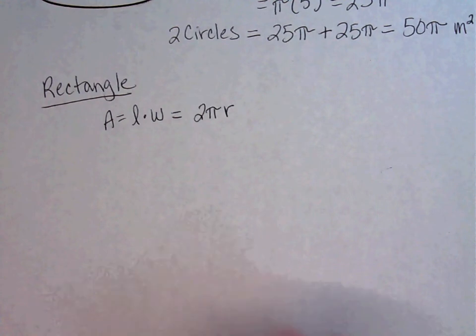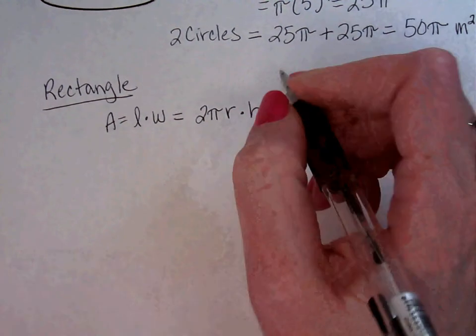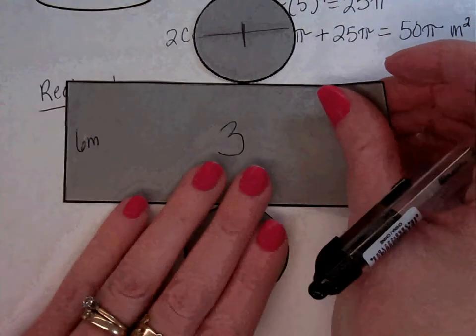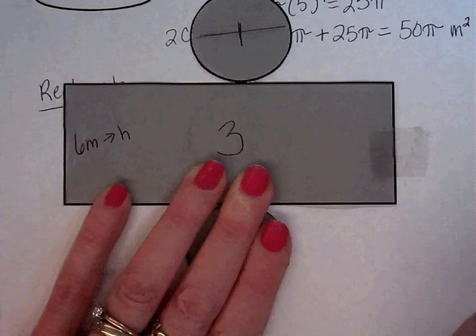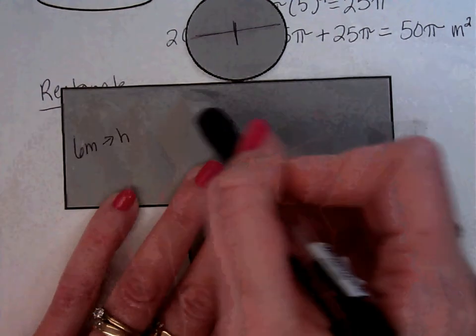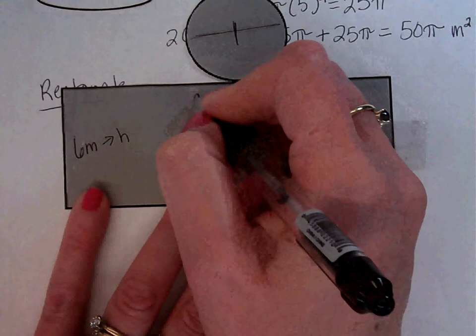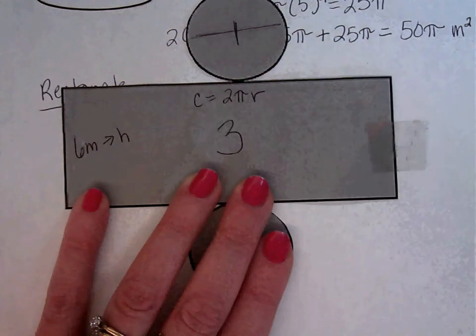Well, width, in this case, is the height of our cylinder. So let's go back to our picture once again. This 6 was the height. This distance along the length, the outer edge, is circumference, which is 2 pi r.